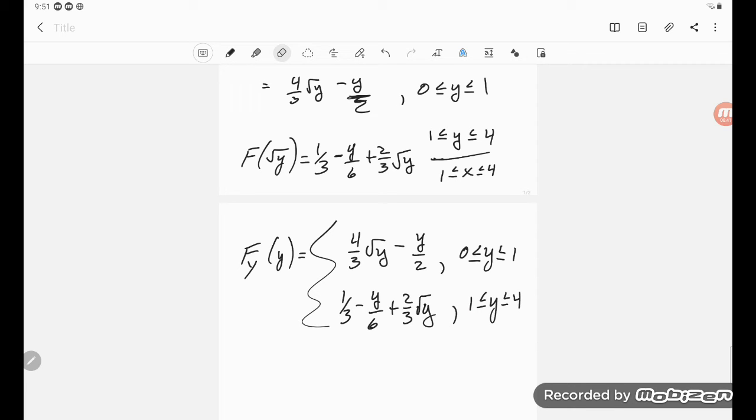Oops, and again, getting a little sloppy there, so I think that is strict inequality.